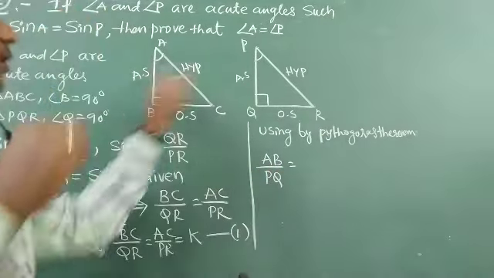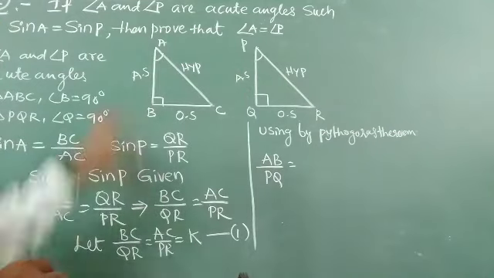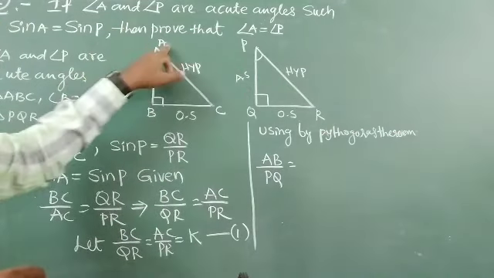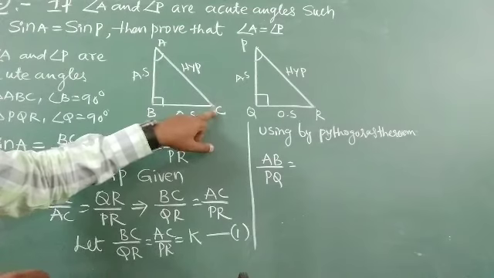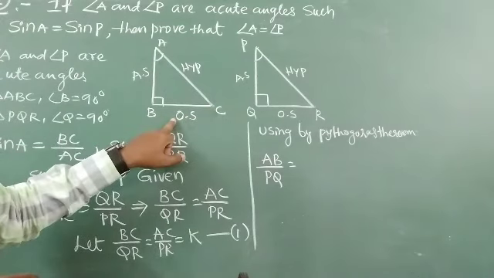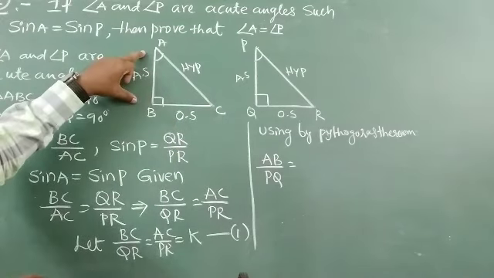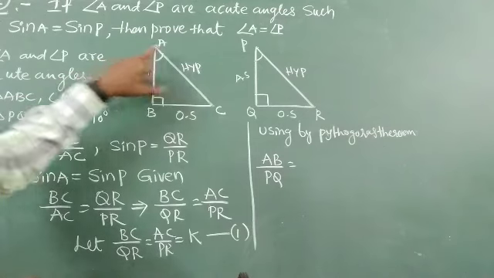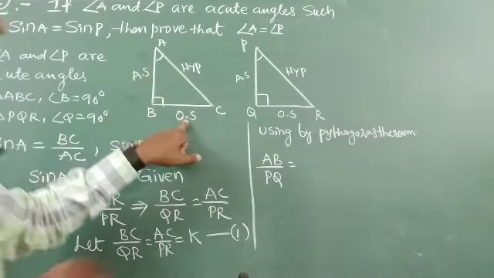AB by PQ equals, how can we write AB? AC square equals AB square plus BC square. From that, AB equals under root of AC square minus BC square.